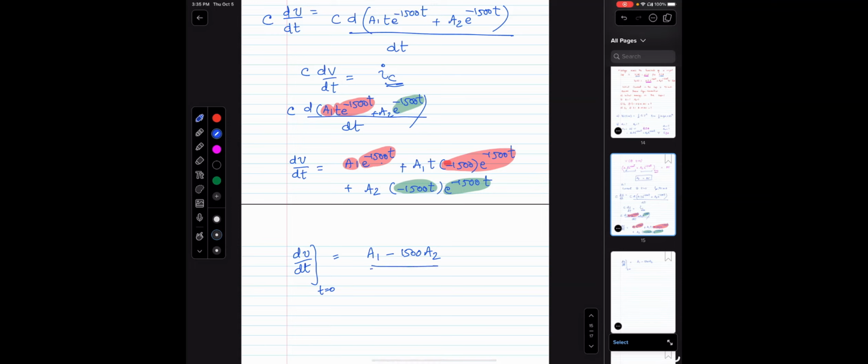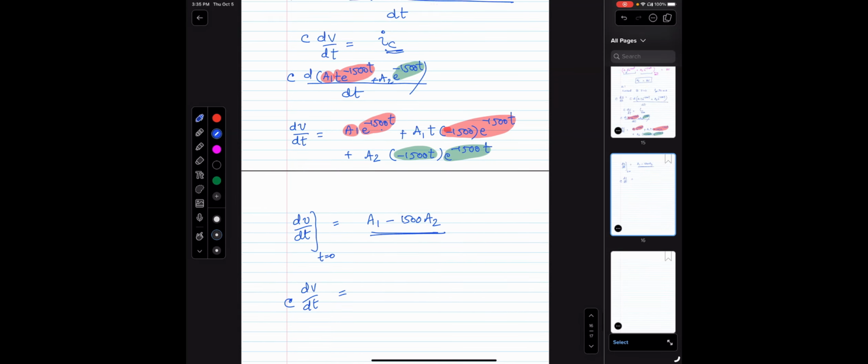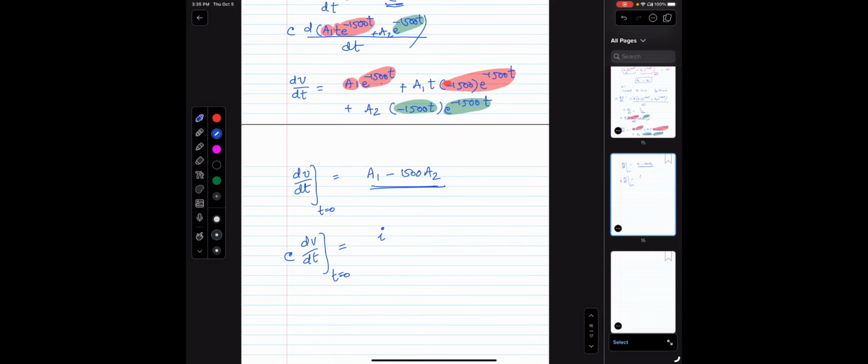This is the derivative dV by dt. But you know C times dV by dt is I. At time t equals 0, I has been given to be 90 milliamperes.